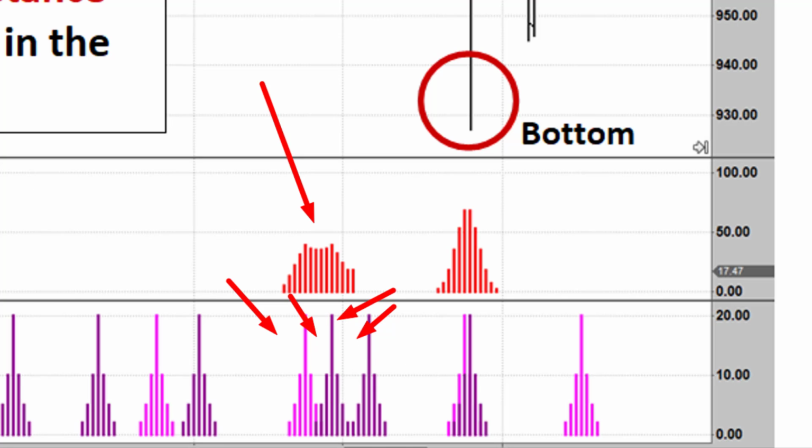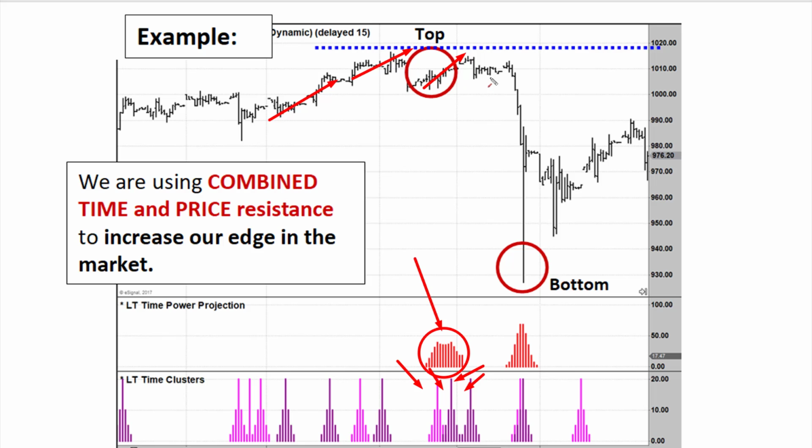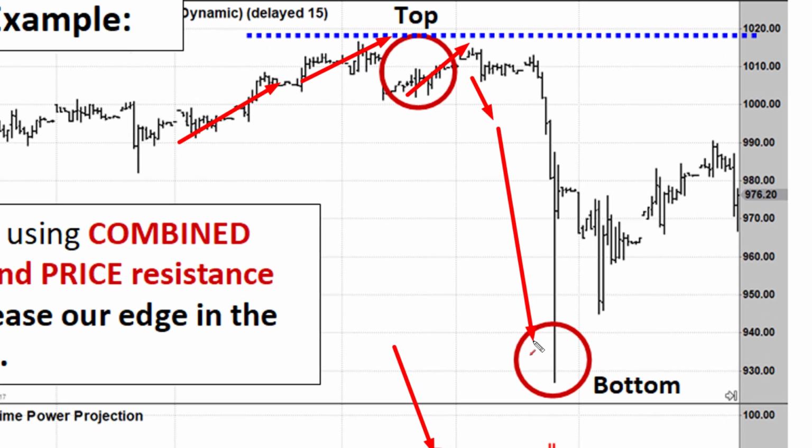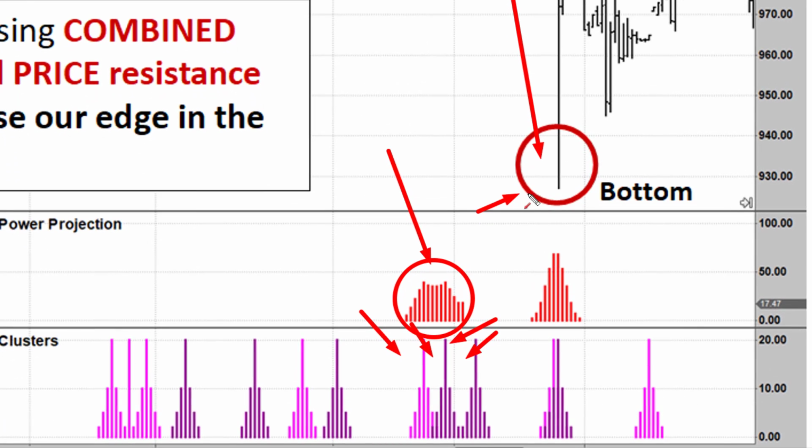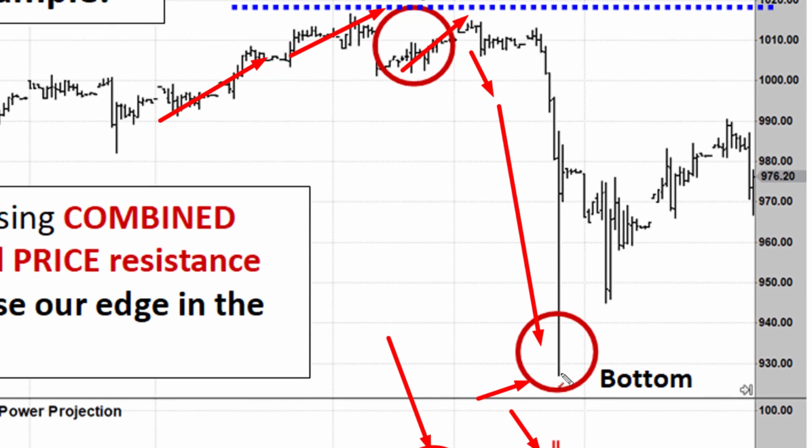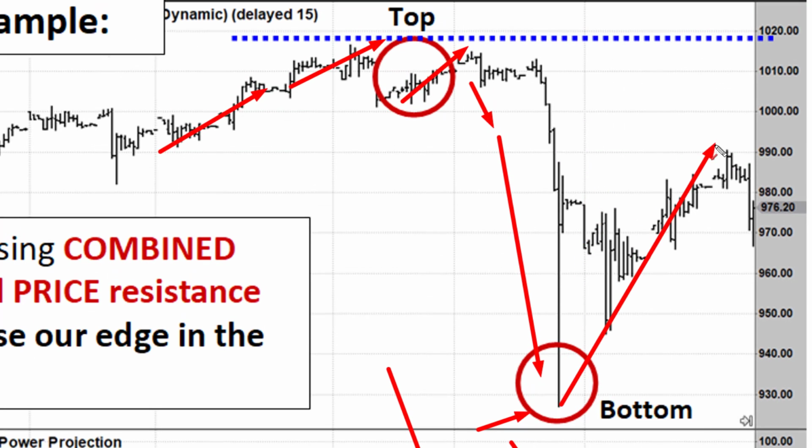What the time power projection indicator does is, when we see a clustering effect of timing cycles, it shows us the time resistance as this triangular formation, this power projection with the peak. And you can see what happened next. The price eventually dropped. Then when price dropped, it hit another support level with time power projection, time resistance. And here you can see it bounced off and rallied from here.